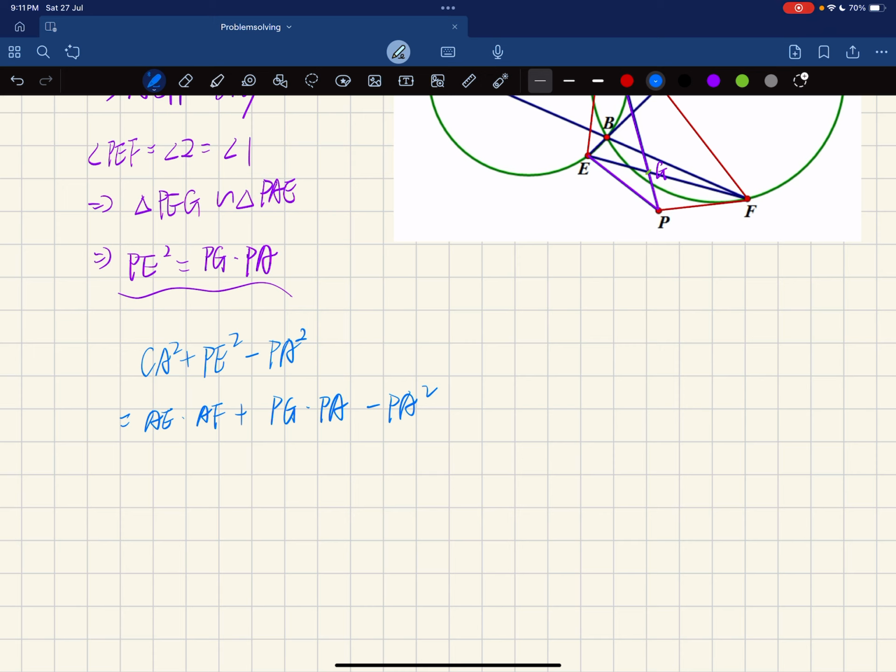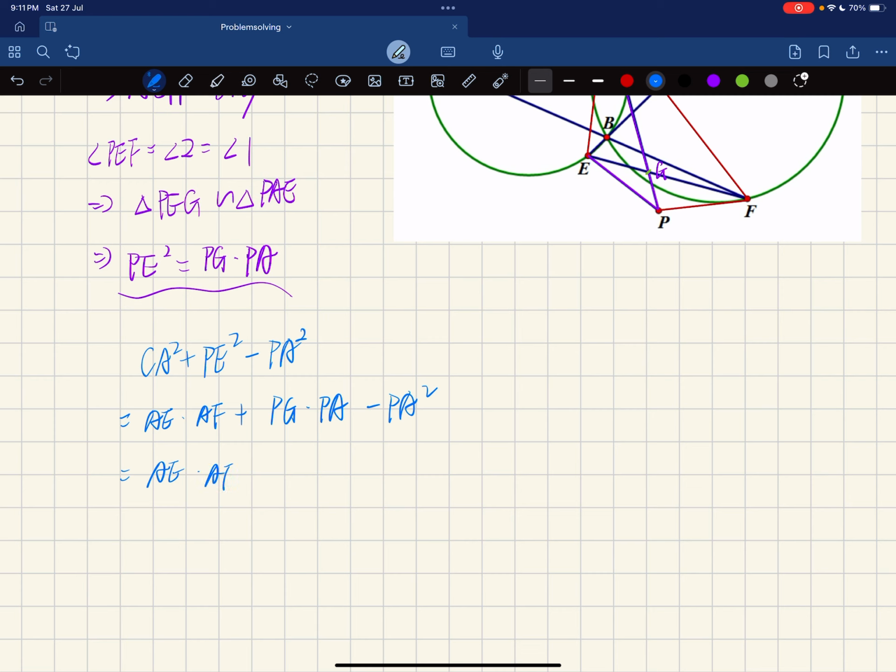So if it is 0, what other things we should have? Here we notice that there are two common things, AP. They are the common things AP, right? So we can write it down.